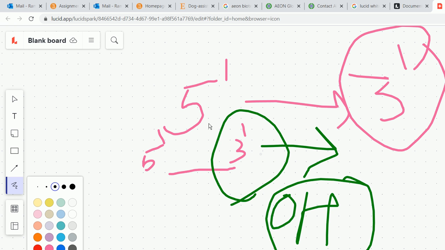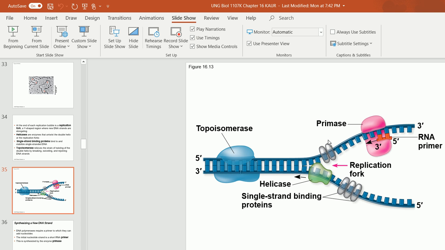Only then will a new phosphodiester bond be formed between the old nucleotide and the new incoming nucleotide. So this is the requirement of DNA polymerase. And that requirement is fulfilled by primase, because it makes an RNA primer, and this RNA primer is made in this direction, 5' to 3', and DNA polymerase needs this.